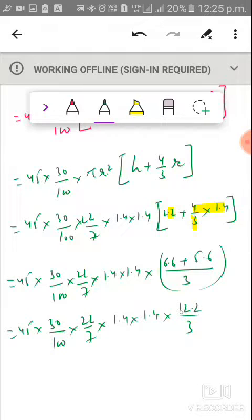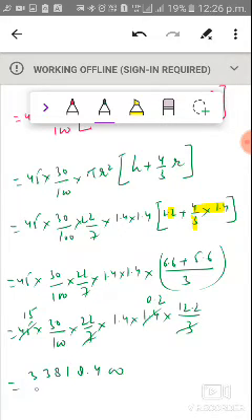Okay, right? So how can I cancel that? 3 into 15 is 45, then I can cancel 7 into 14, and 0.2. So when we multiply everything in the numerator, we will get 338,184, divided by 1000.